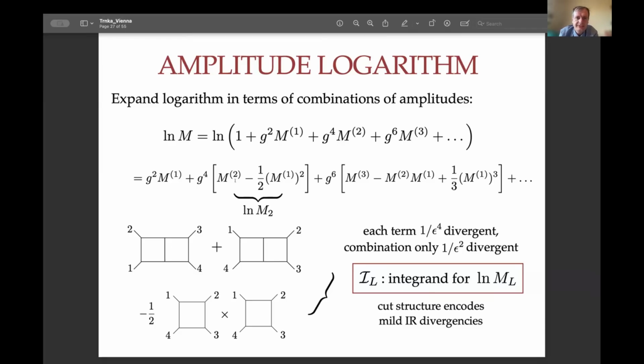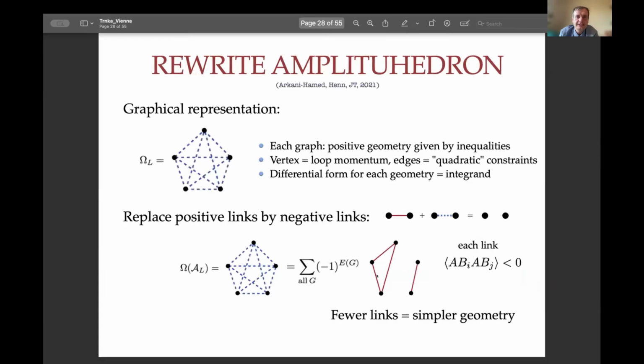We can define them for any amplitude. Products of amplitudes are also fine. These are not necessarily planar. We wouldn't call it planar because this is not one Feynman diagram, but rather a product of Feynman diagrams. But we can define this loop integrand, and this will actually have a geometric interpretation in terms of these negative geometries. So this is where they actually enter the story.